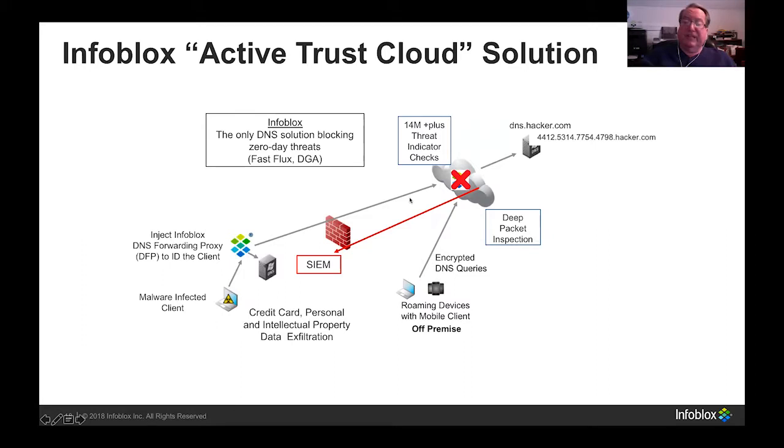Now, security teams might say, hey, listen, I'm just seeing the IP address of the firewall when things hit the cloud up here when I look at what the indicator is.